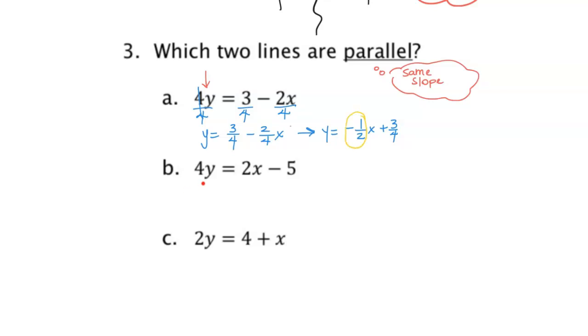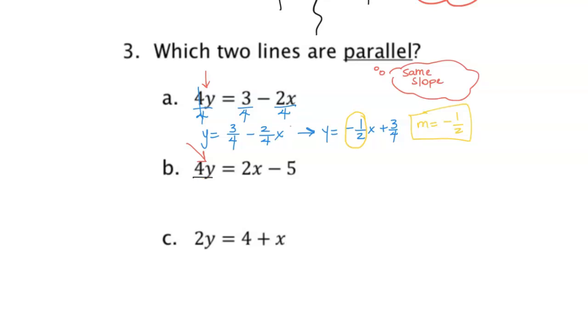Let's look at part B, because once again we're comparing all three of these to see which ones have the exact same slope. Let's go ahead and write the slope for part A, which will be negative 1/2. Let's figure out the other slopes. For B, once again, the y term is stopped from being by itself because the 4 has been multiplied with it.